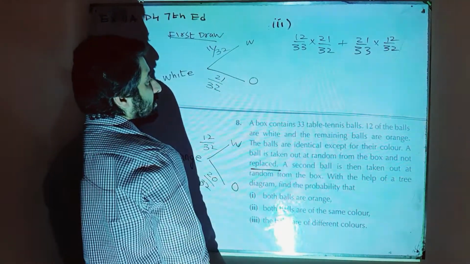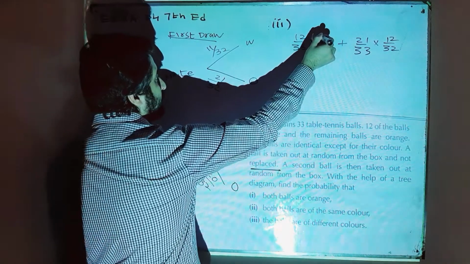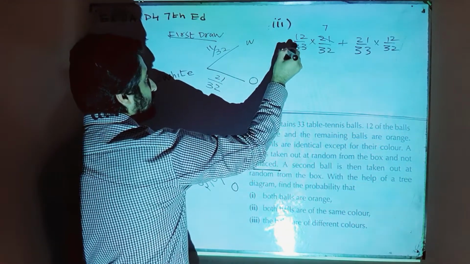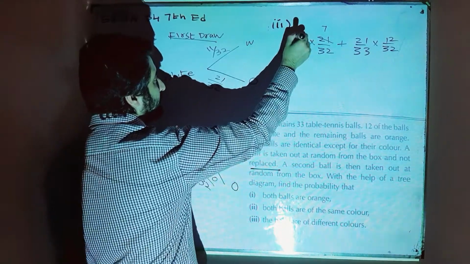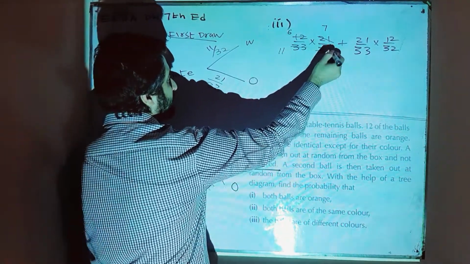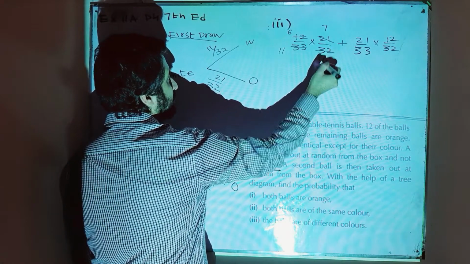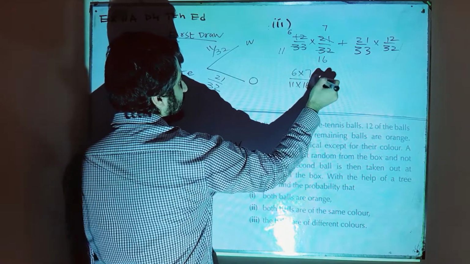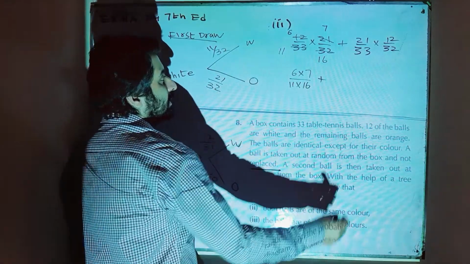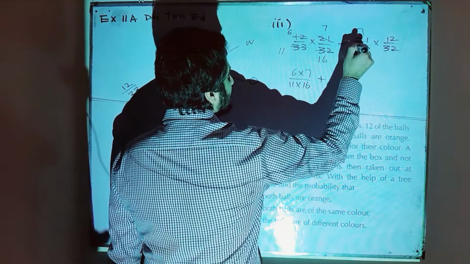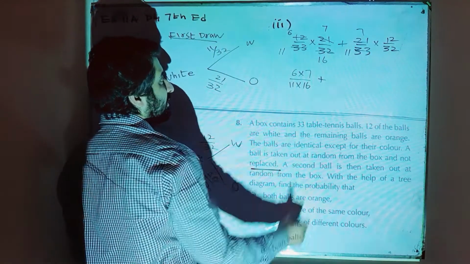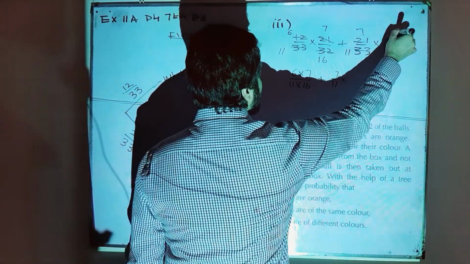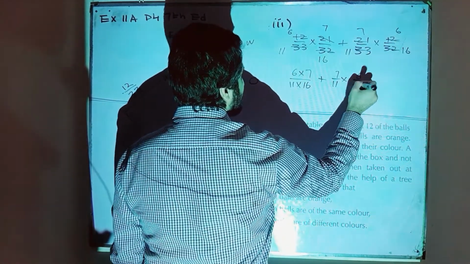Perform simplification. 3 sevens are 21, 3 elevens are 33, 2 sixes are 12, 2 sixteens are 32. It will be 6 into 7 over 11 into 16, plus 3 sevens are 21, 3 elevens are 33, 7 over 11 into 2 sixes are 12, 2 sixteens are 32, 6 over 16.